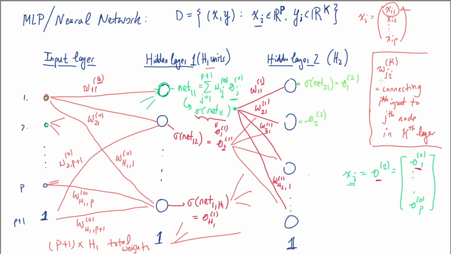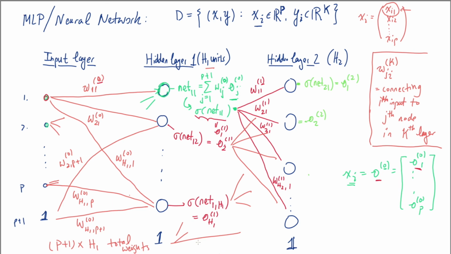You can do this for as many layers as you like. The idea with deep learning is that the number of hidden layers is huge, and the width, the number of units in each hidden layer, is also huge. So the number of weights becomes quite big as you take a deeper network with wider layers.